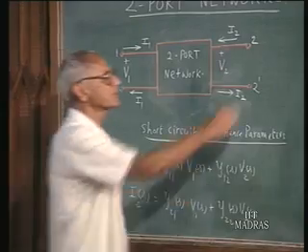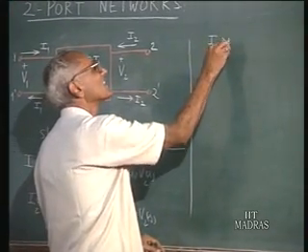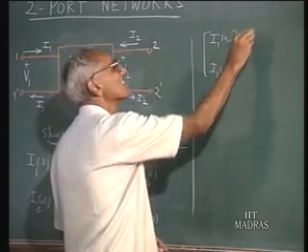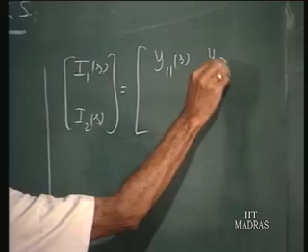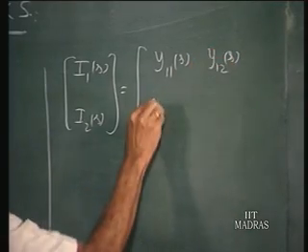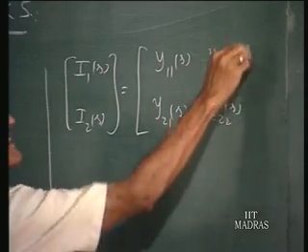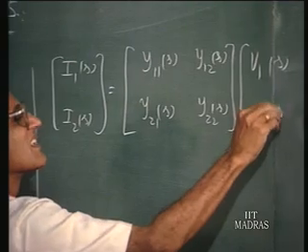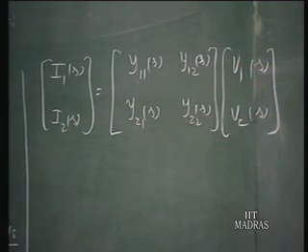In matrix form, the same set can be written in a very convenient fashion: I1 of S, I2 of S is obtained as the matrix Y11 of S, Y12 of S, Y21 of S, Y22 of S multiplied by V1 of S and V2 of S. So, that is the convenient way of writing down the parameters in matrix form relating the currents to the voltages.